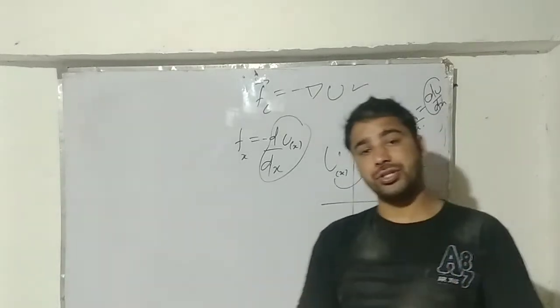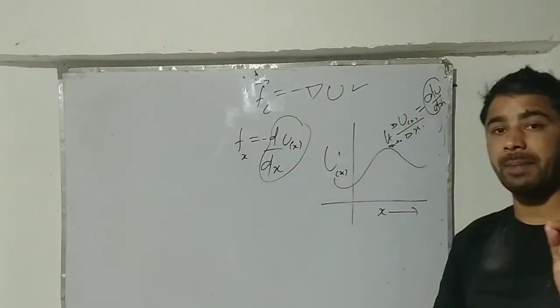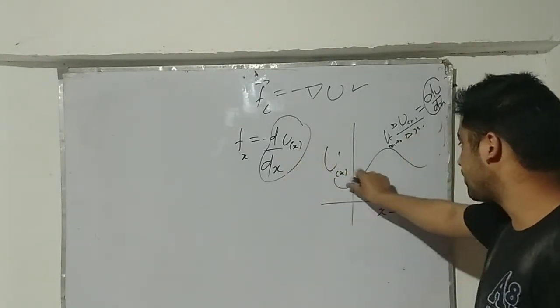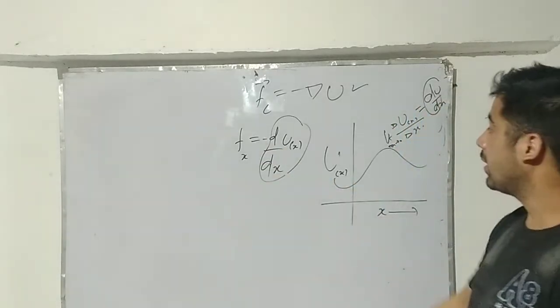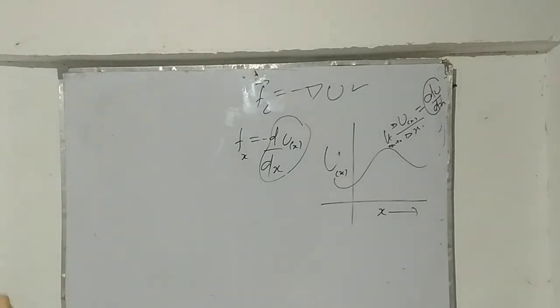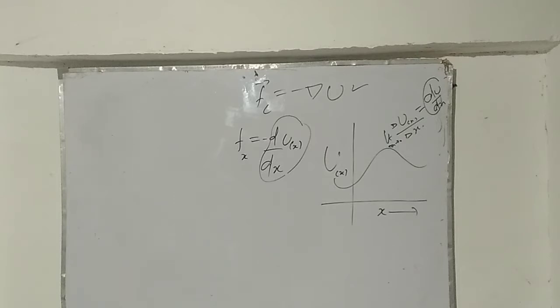The slope is basically dU by dx, and when I want to know the force, I have to multiply it by minus 1. When the slope is known for the potential energy variation with the position, I just multiply by negative 1 and I get the corresponding force. This is why things become important for us.